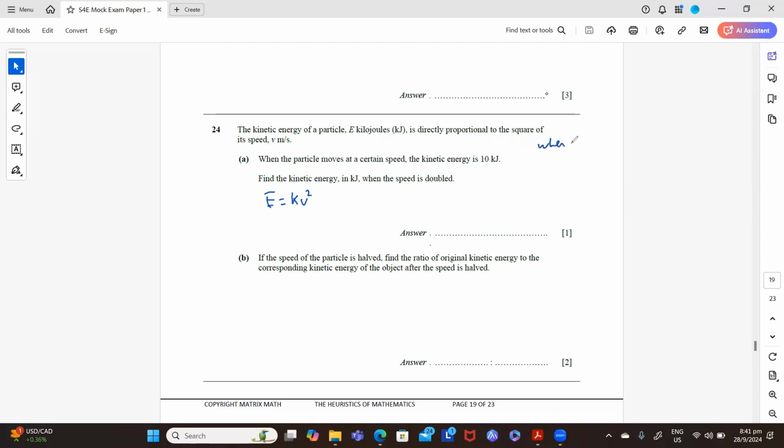When v equals x, then E equals 10. So what happens when this speed is doubled?